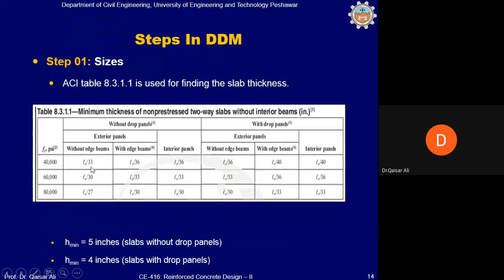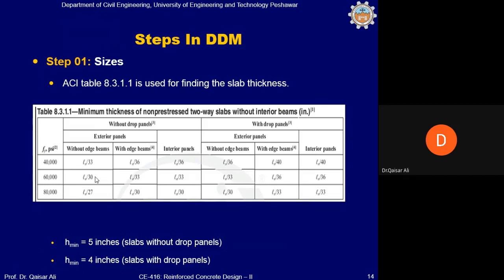Now, most of the time, what we do is that we select the size which gives us maximum thickness in our routine designs.